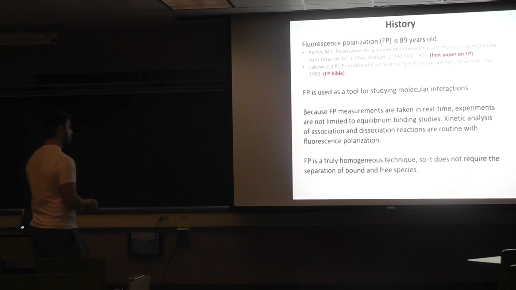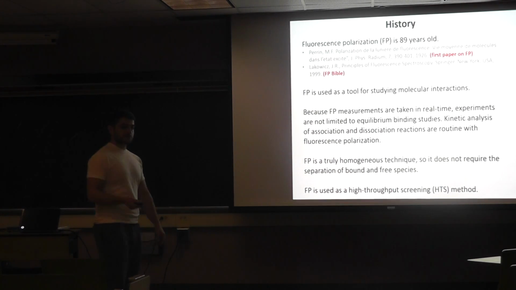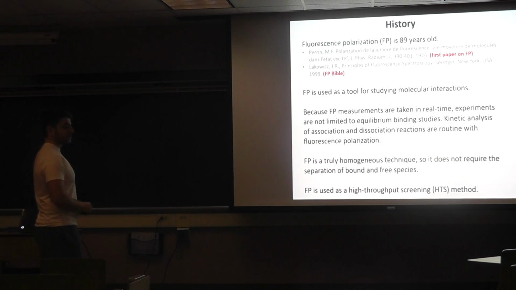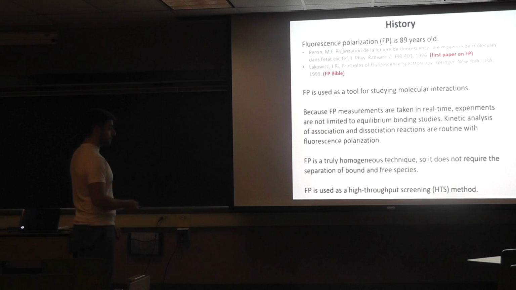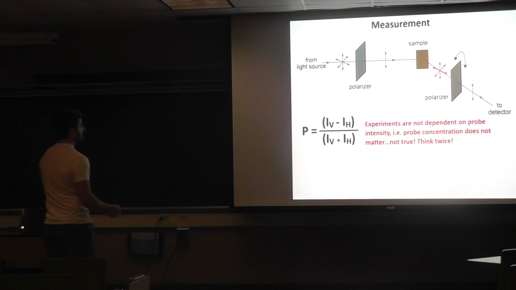And one thing is that fluorescence polarization is really being used as a workhorse for high throughput screening, especially in the industry, for finding small molecule inhibitors for whatever you're looking for.